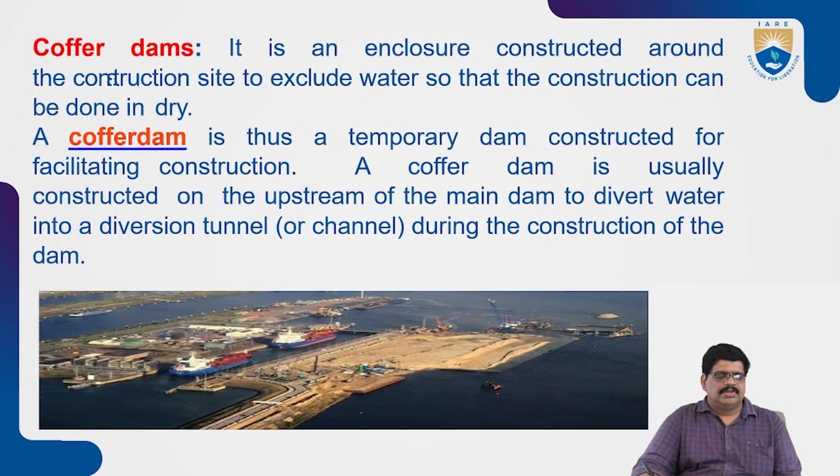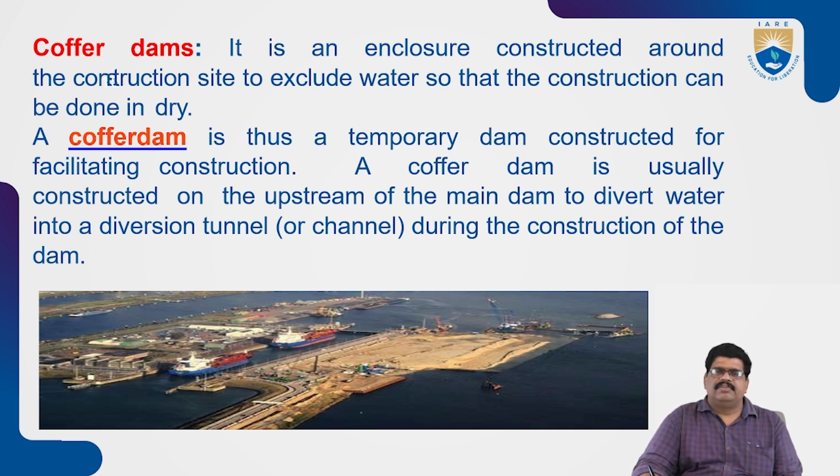Next, coffer dam. A coffer dam is a very important, temporary dam which is constructed during the construction of heavy structures. Water is always available in the river, but how can we construct a structure across it? In this situation, a temporary structure is constructed and the water is diverted.